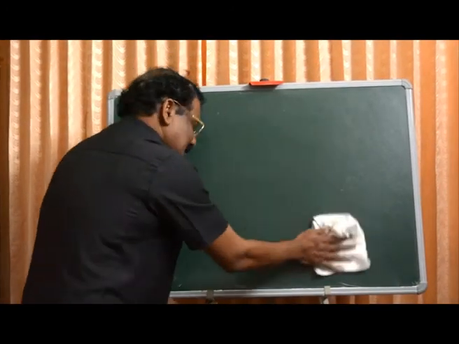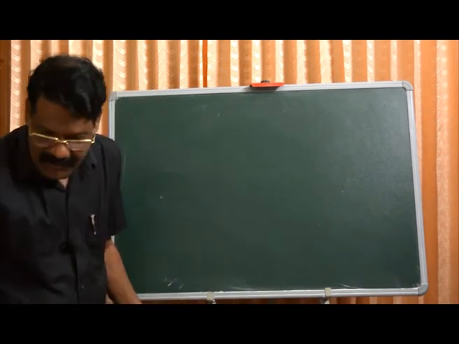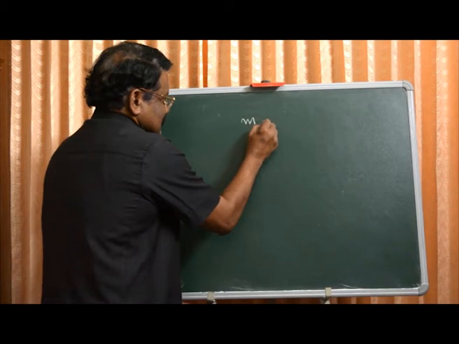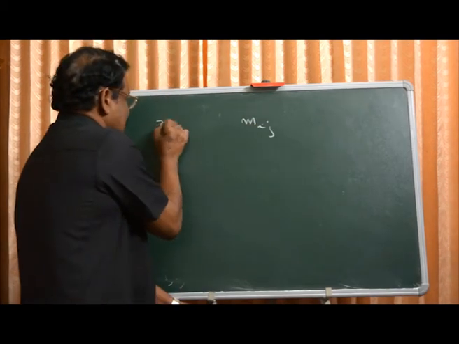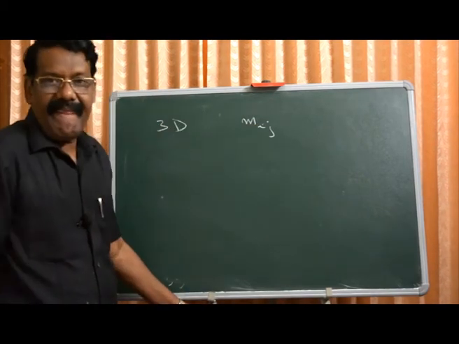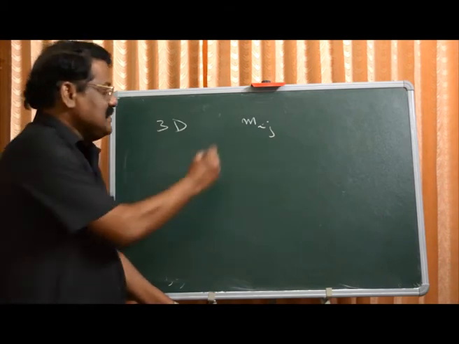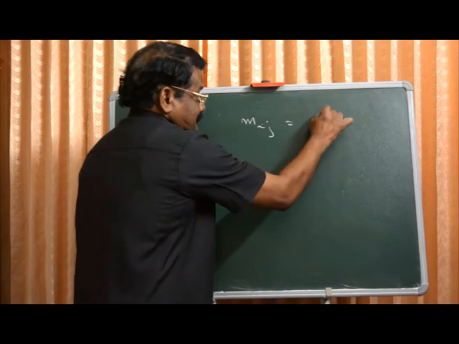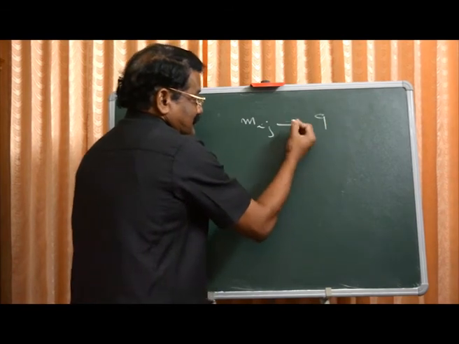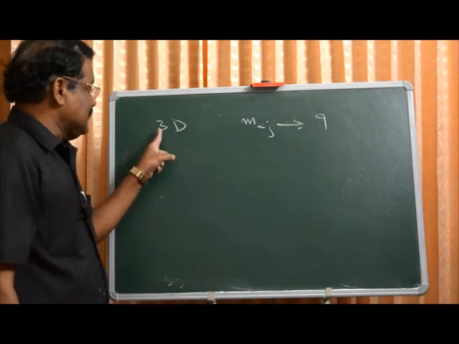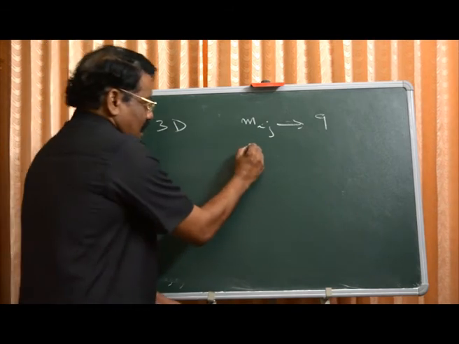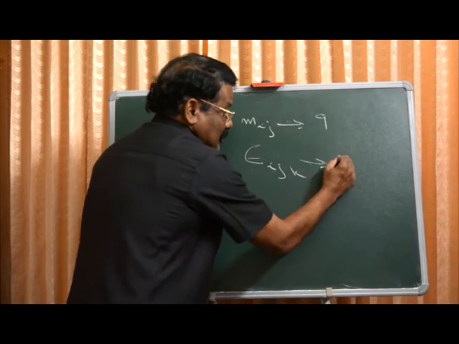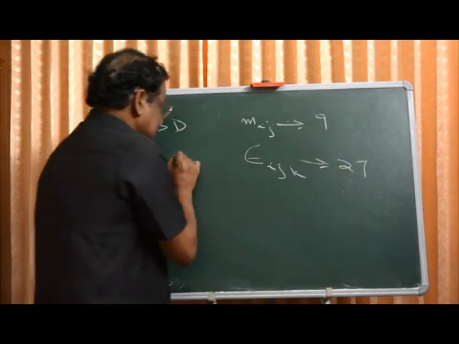Now I can very well correlate between the number of components. So look at this. We are dealing with 3 dimensions. Be very careful about that. Mij was having 9 components, and epsilon ijk having 27 components in 3 dimensions.